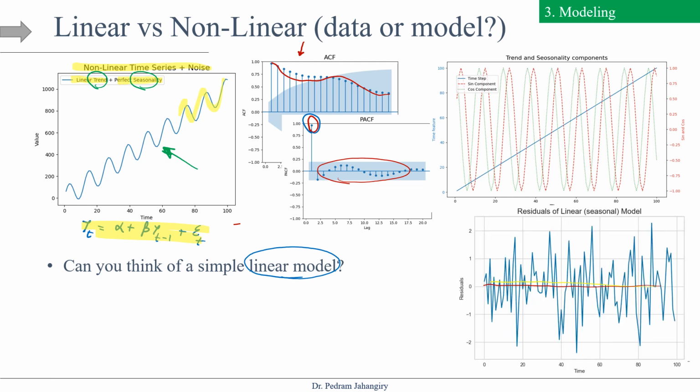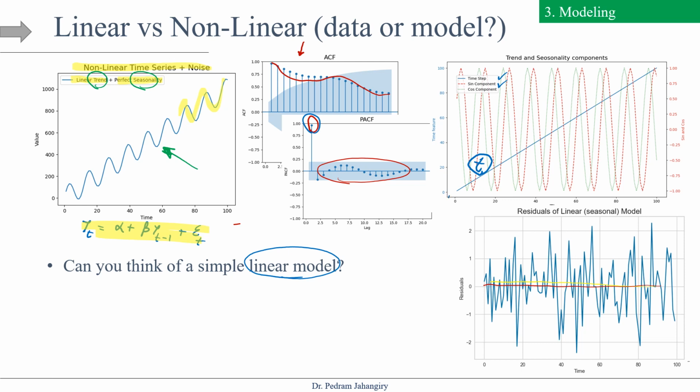Let me use my cursor. Okay, so this is feature number 1. I use the time itself as a feature, and then I'm going to use some sine and cosine components, right? Because these are going to capture some perfect seasonality, right? So now I have 3 components. The 3 components are going to be t, capturing the linear trend, and then sine and cosine.